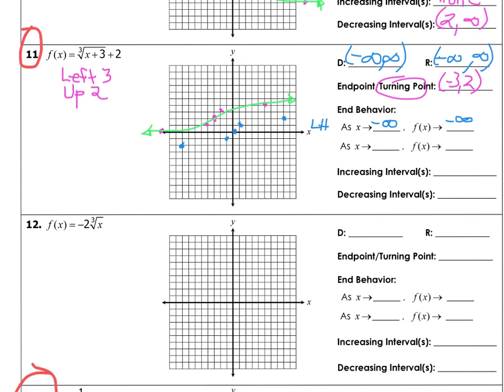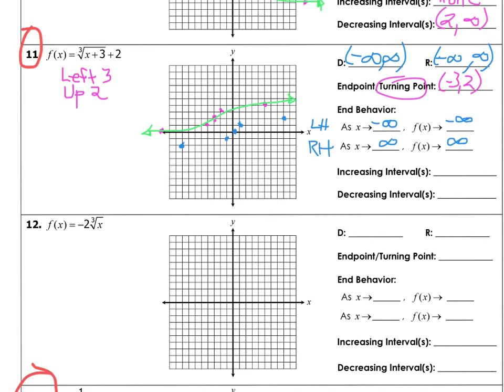Let's go to the right. As x approaches positive infinity, meaning going to the right, y is going up and up and up, which is approaching positive infinity. On this one, because there's no reflection, this is our right-hand behavior.